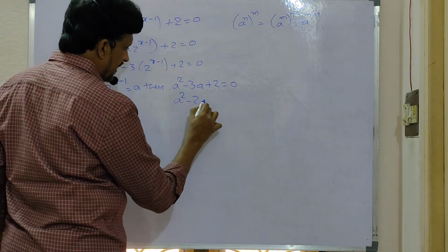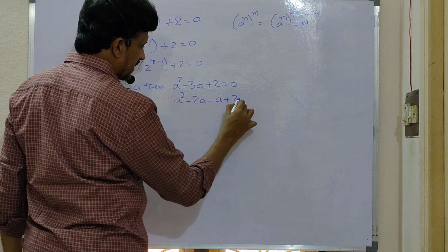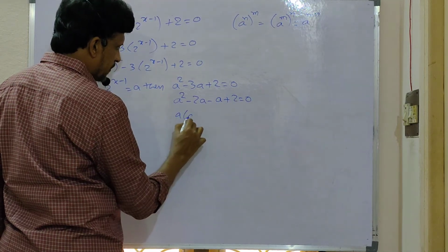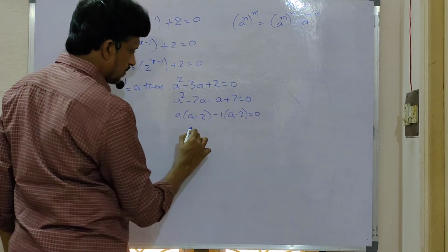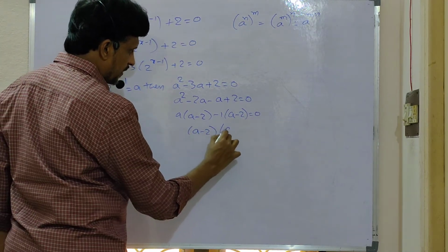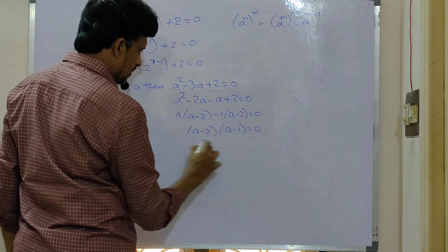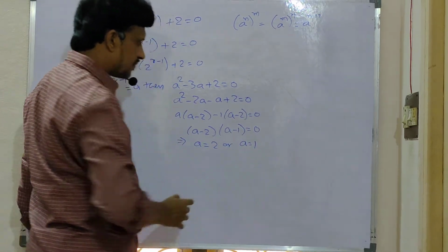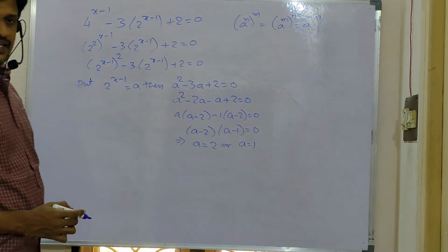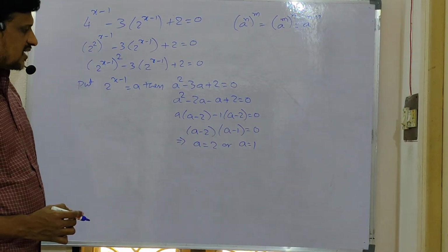A square minus 3a, we can write as a square minus 2a minus a. So this is a into a minus 2 minus 1 into a minus 2 is 0. That is a minus 2 into a minus 1 is 0. So the required values of a are a is equal to 2 or a is equal to 1. So two values you are getting for a here again.